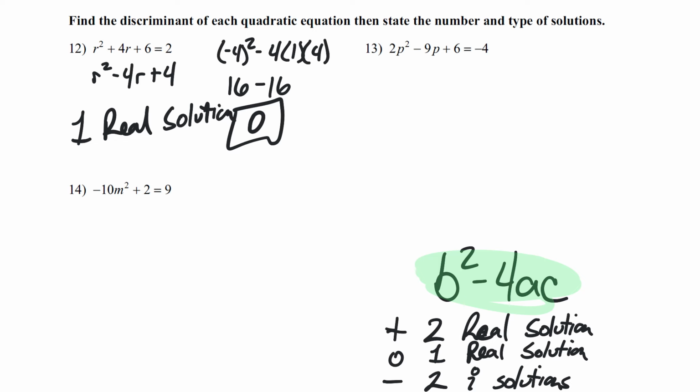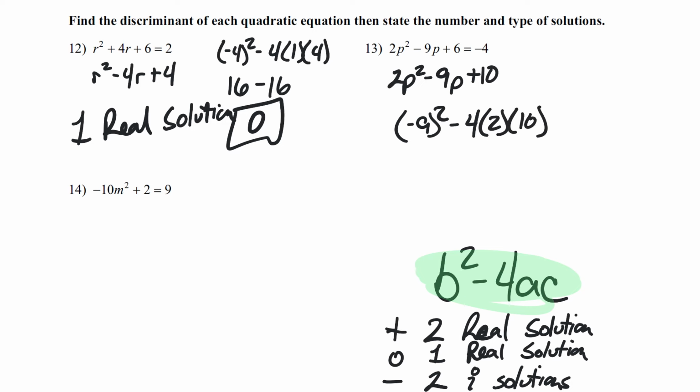Looking at question number 3, we've got to move our 4 to the other side. So 4 is moving to join. Add it, becomes 10. So again, b squared, use that parentheses, minus 4 times a times c. Parentheses makes this stay positive.